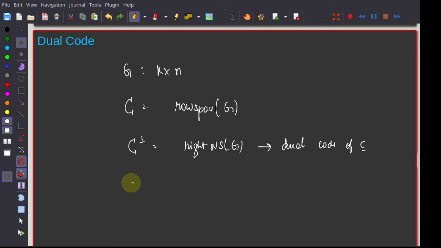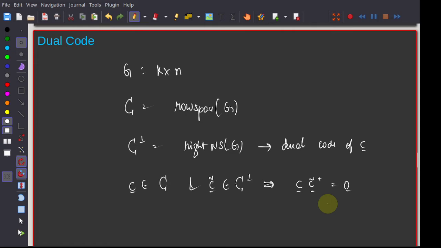So if I take the inner product between a code word and any code word in the dual code, then that is always equal to 0.